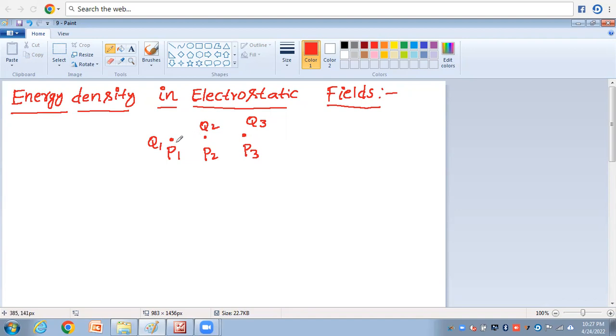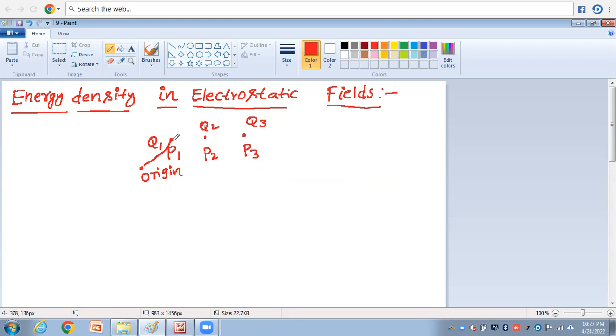If any charge is moving from infinity to this place, and initially the space is charge free with no electric field in between, the work done is 0. This is a very important point.